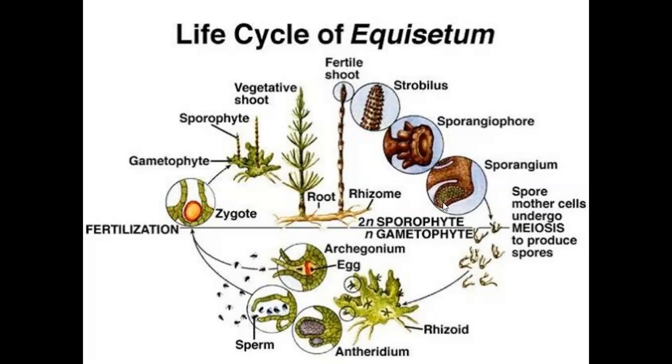The function of the tapetum is supplying food material and nutrients to the spore mother cells. Below the tapetum, diploid spore mother cells are present. The diploid spore mother cells undergo meiosis, the reduction division.